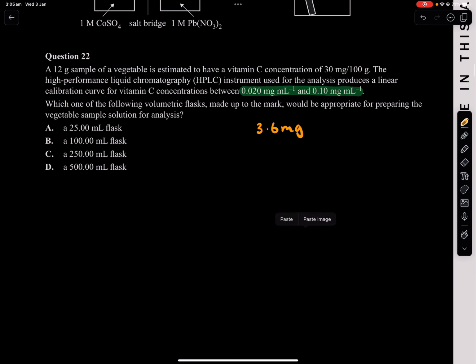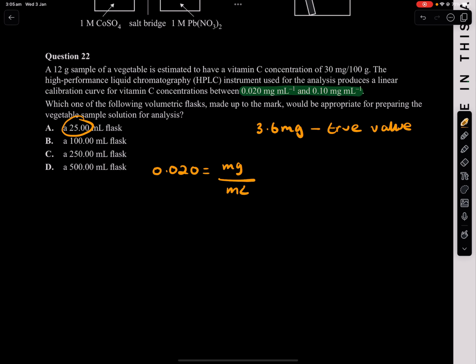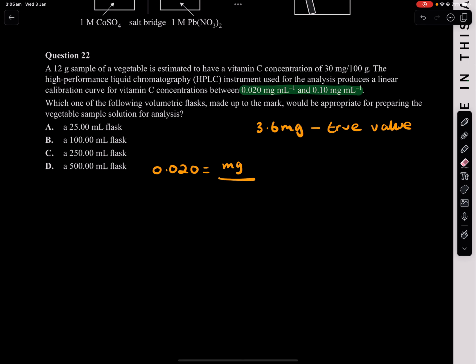If this here is 0.020 milligrams per milliliter and I'm using 25 milliliters, then 25 times 0.020 gives me 0.5 milligrams.